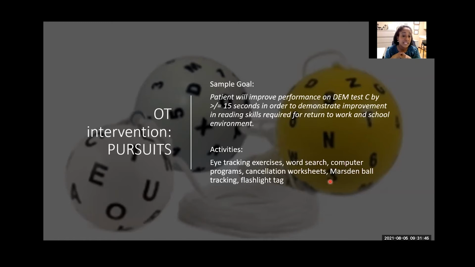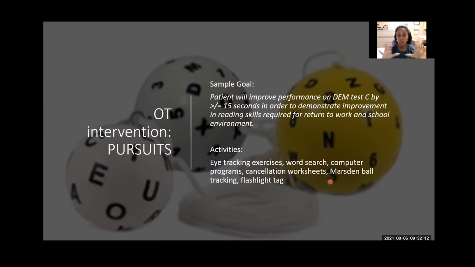I might utilize things like here in the foreground, I have this Marsden ball. The Marsden ball is something you can buy online, but I also make one with a softball or a tennis ball tied to a string hung from the ceiling, and I can use it in a swinging pattern, side to side, into the periphery as well, having them track the moving object.